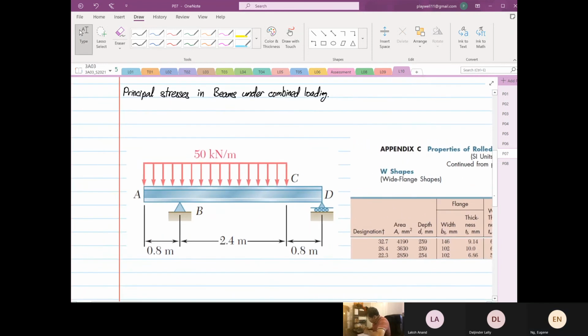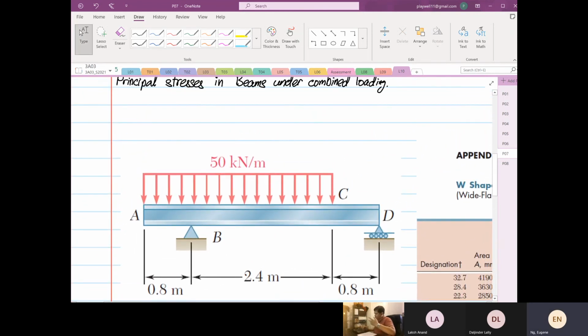For this, I'm going to teach based on an example.